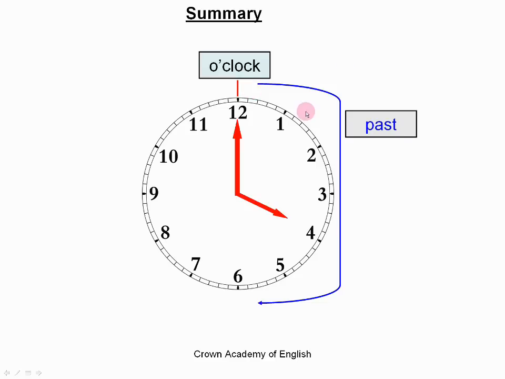If the minutes are here at the top and going down to here, then we say past, all the way to half past. And if the minutes are on this side of the clock, so after half past, and all the way up until the hour, then we use to.